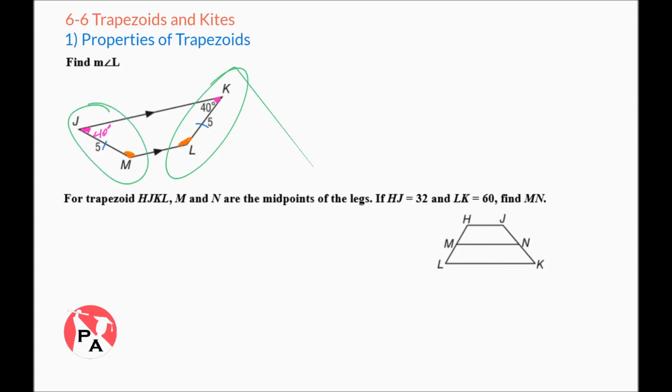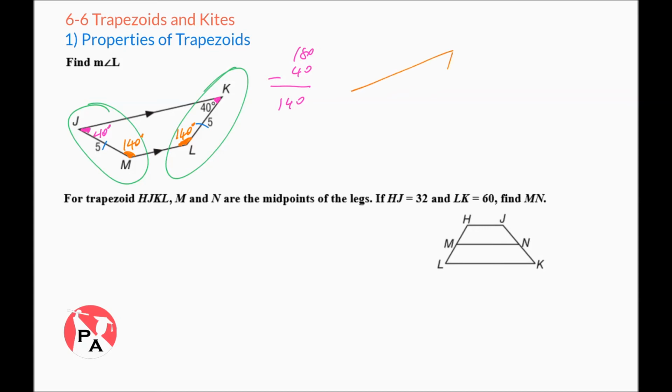That means if you subtract 40 from 180, you get 140, which is equal to one of the orange angles. So this one is 140, this one is 140. Or if you just add these four angles, you will see that you get 360 degrees. This is happening because the figure has four sides. That means the sum of the angles of this trapezoid is going to be 360.